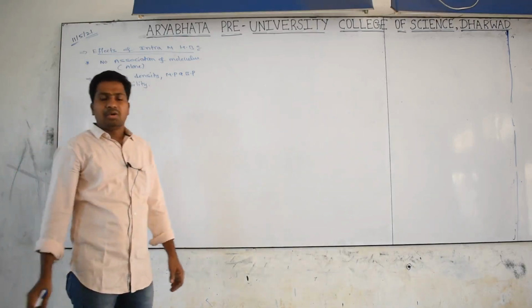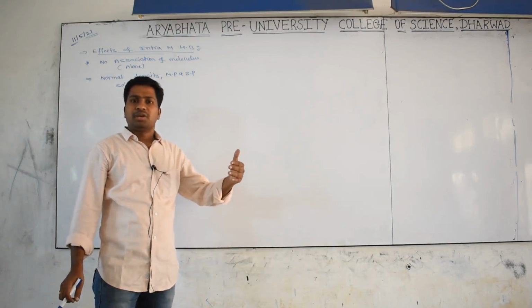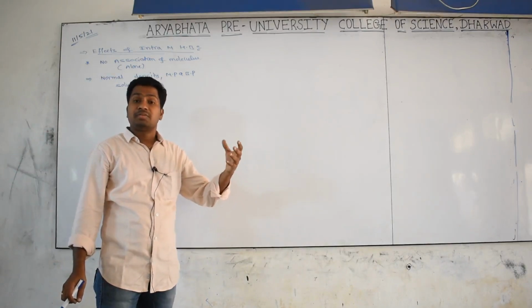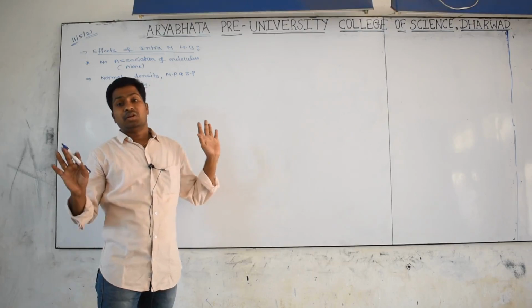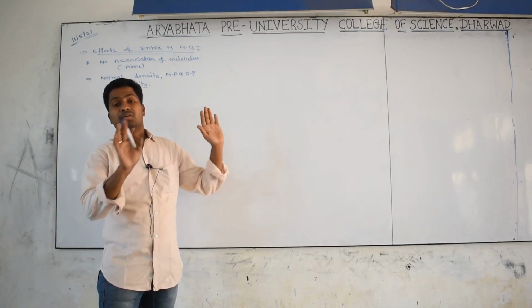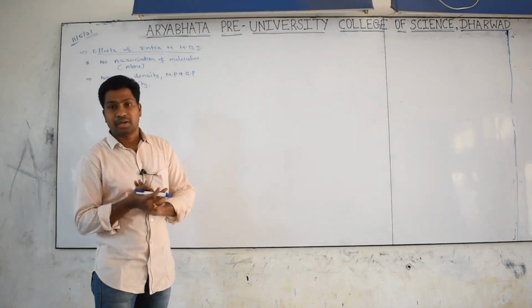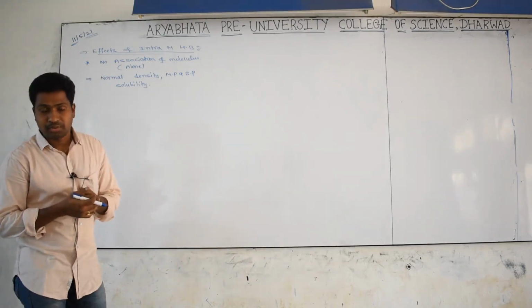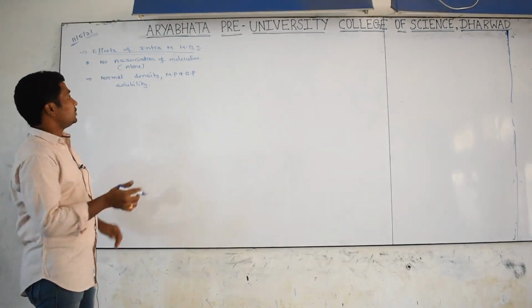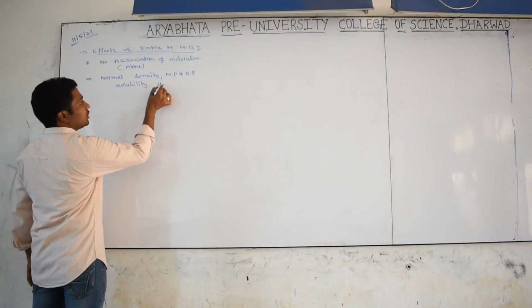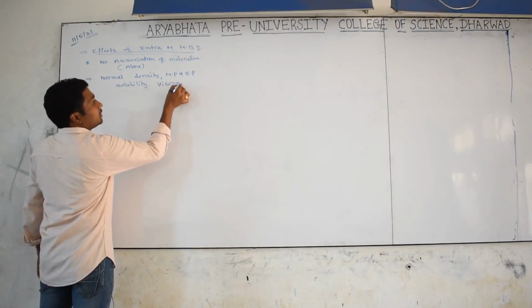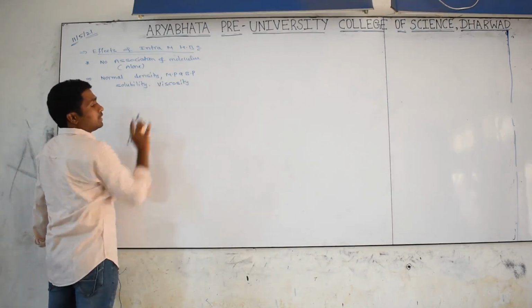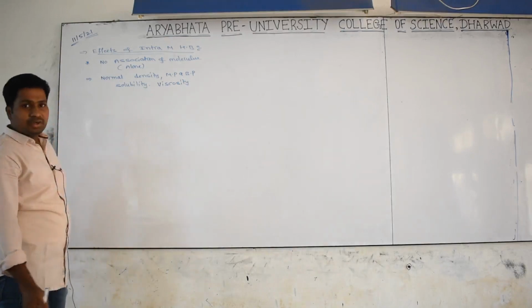Because of intramolecular hydrogen bonding, there is no extra attraction between molecules, so the molecules remain alone. That's why we get what we expect. No improvement in solubility, density, or viscosity; viscosity is also as usual. Are you understanding? Yes.